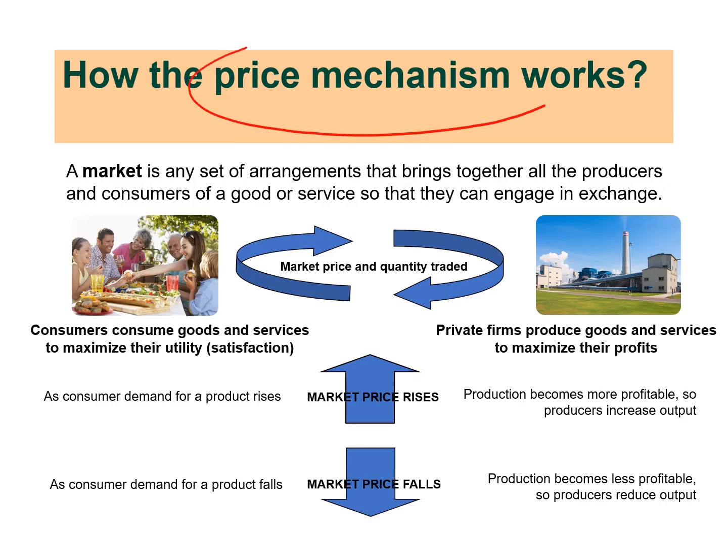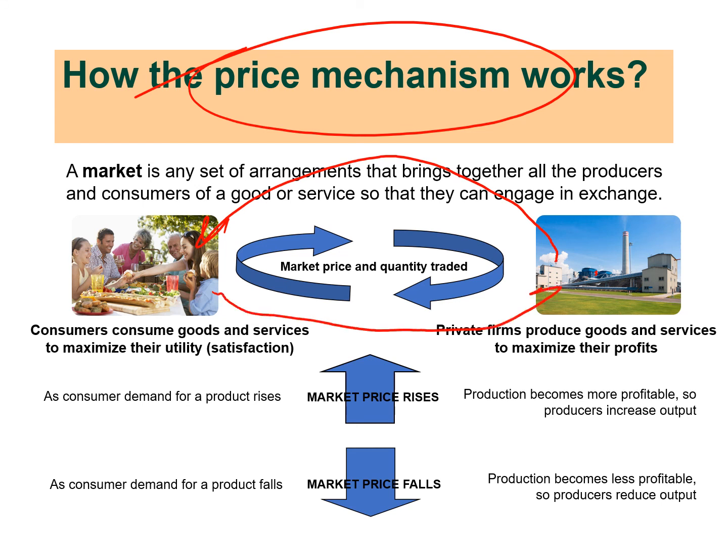Now I will be explaining price mechanism and how does it work. Remember, this is the photo that we saw before. So we were talking about the producer selling the goods and services to the people, and on the other hand, these consumers are buying the goods and services. Now, why are they buying it? Because it gives them satisfaction. And why are private firms producing goods and services?